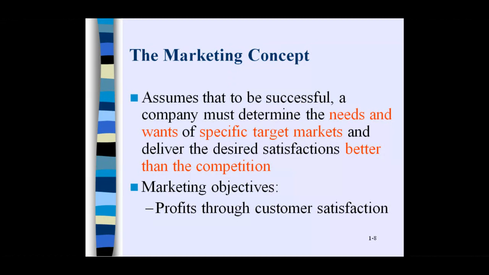They were looking towards the organization first and then the customer. But the marketing concept, in contrast, said that the consumers come first. A marketer's duty is to identify the needs and wants of the target audience, create that product, and deliver it more effectively and efficiently than the competitor.